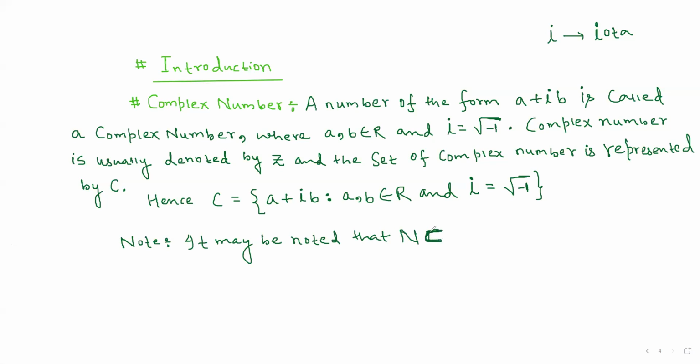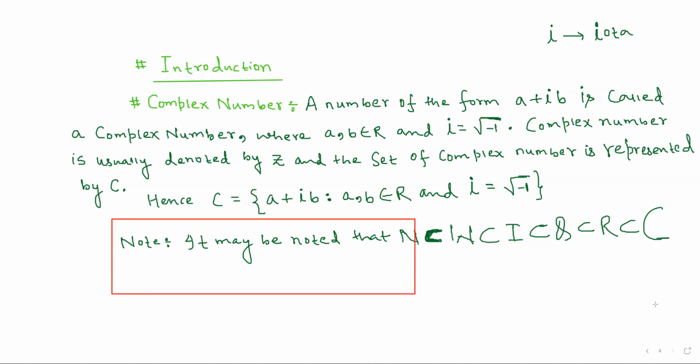Yes, sir. Okay, so natural number is a subset of whole number. Whole number is a subset of integer. Integer is a subset of rational number. Rational number is a subset of real number, and real number is a subset of complex number. So that is the formal basic important note.